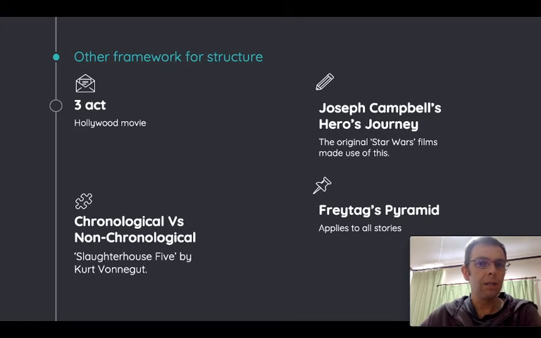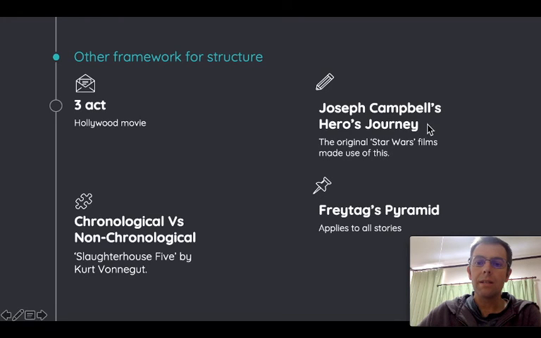Then the middle 1 hour is going to be all about the struggle that the protagonist is going through. They're going to have some wins, they're going to have some losses, and then the last 15 minutes is the climax and the resolution of the film, where the protagonist either wins or loses against the forces of antagonism, and then we get a quick reorientation of where things are at the very end of the movie. So that's the 3-act structure. Of course, there's a 4-act structure as well, and there's a 5-act structure.